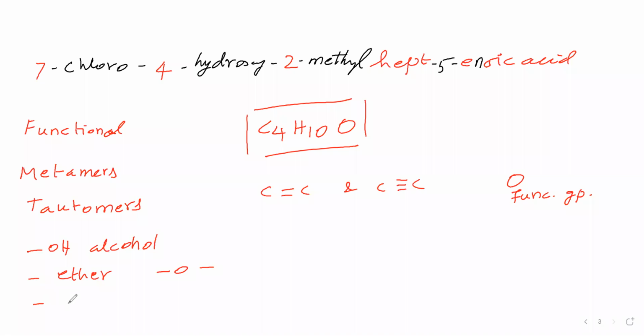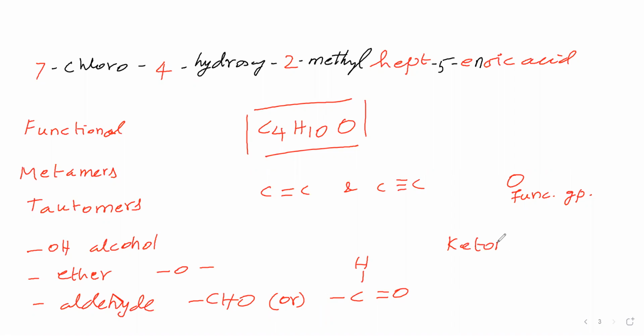Next, aldehyde. The aldehyde formula is CHO. The CHO we can write as single bond C, single bond H, double bond O. Aldehyde contains one oxygen. Next, ketone. The ketone formula is CO: single bond C, double bond O, single bond.